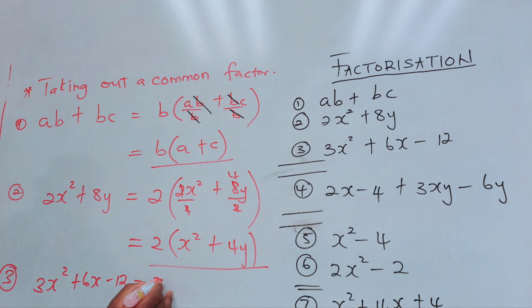So we take out 3, then we divide each term by 3. So 3 divided by 3, we get 1. So we'll be left with x squared plus 6 divided by 3, it's a 2, so 2x, 12 divided by 3 is a 4, minus 4. That will be our answer.